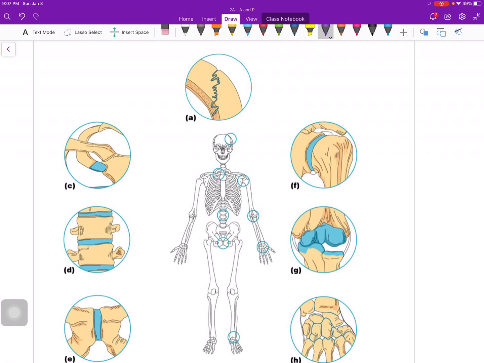Our first category for this, guys, is going to be cartilaginous joints. All right, and so you can see where this location is right here, where that's located. This is called a synchondrosis.